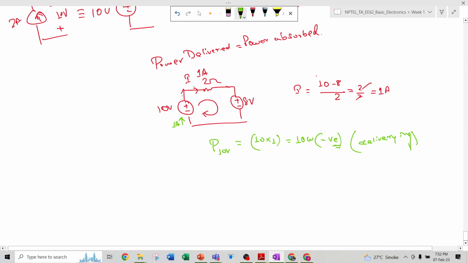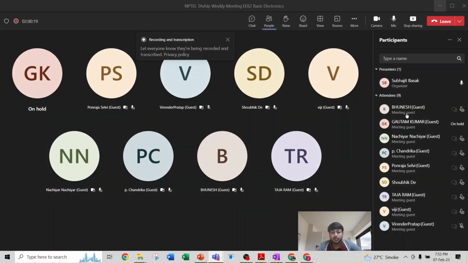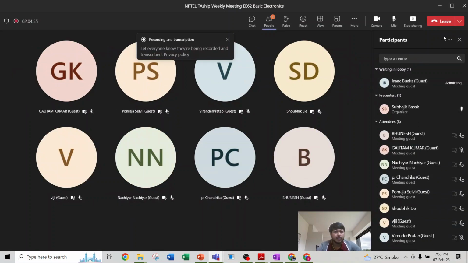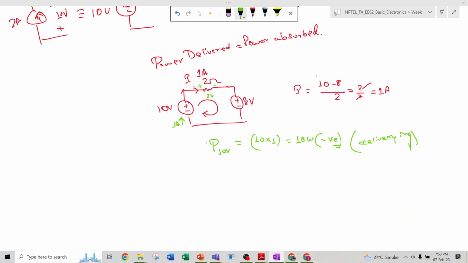Similarly, this 1 ampere current is flowing through the 2 ohm in this direction, so there will be a voltage drop. The voltage drop will be 2 ohm into 1 ampere, that means 2 volt.